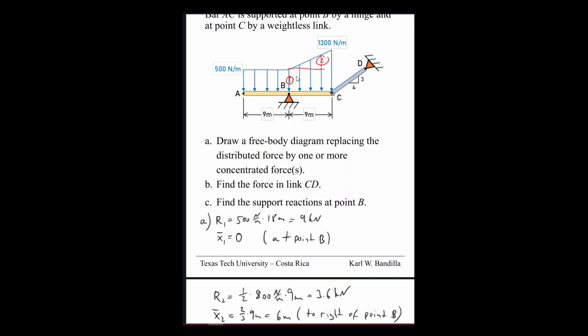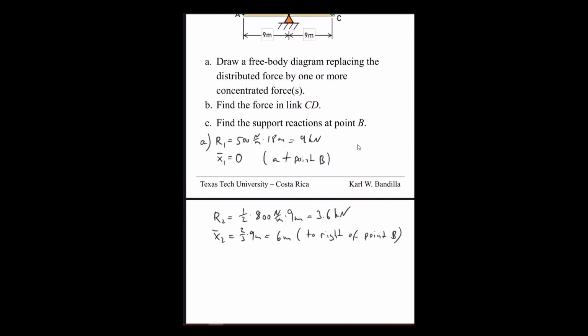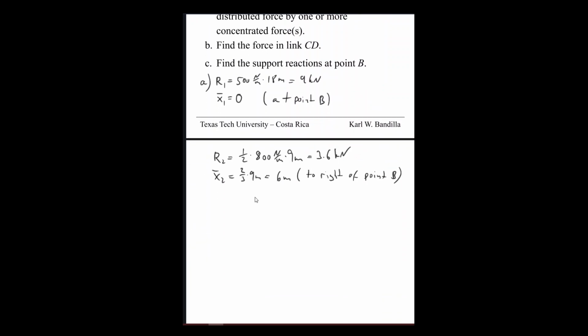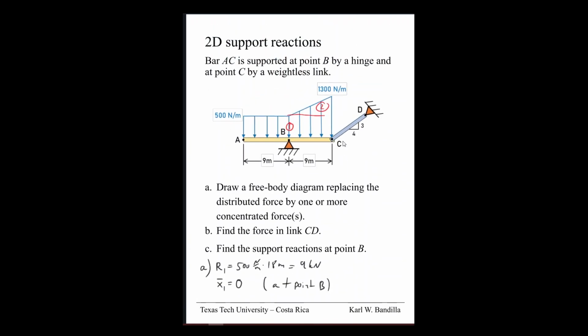In other cases, we've combined them into one, but in this case, we'll see it's easier if we just keep them as two separate forces, so we'll not worry about them here. So let's draw a free body diagram. We'll have our bar right here. Then we will have a support reaction for this weightless bar, right?